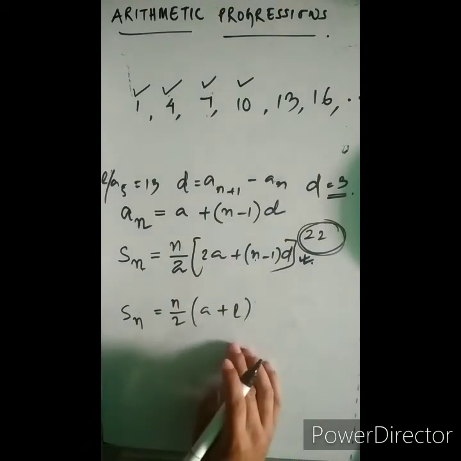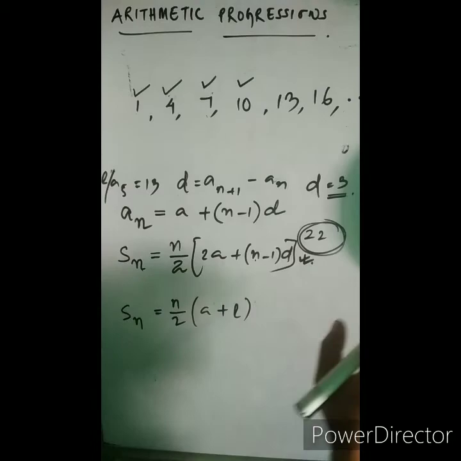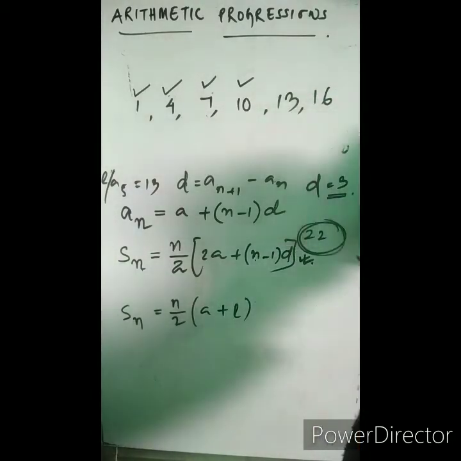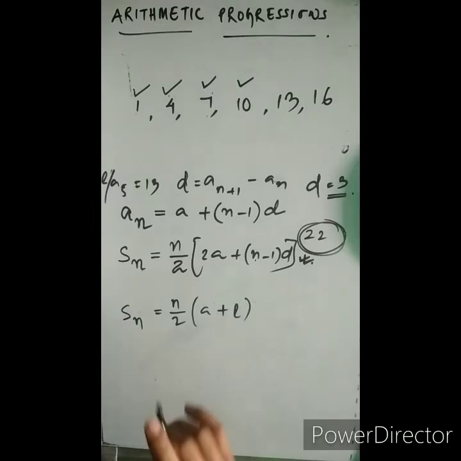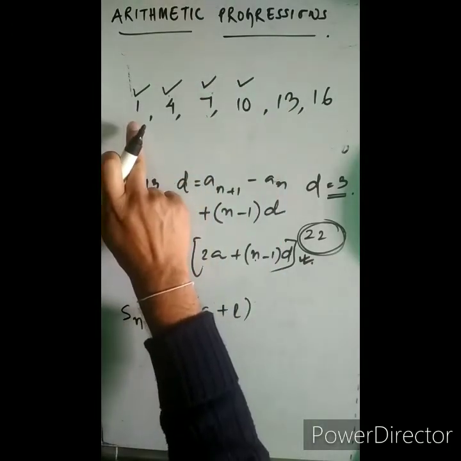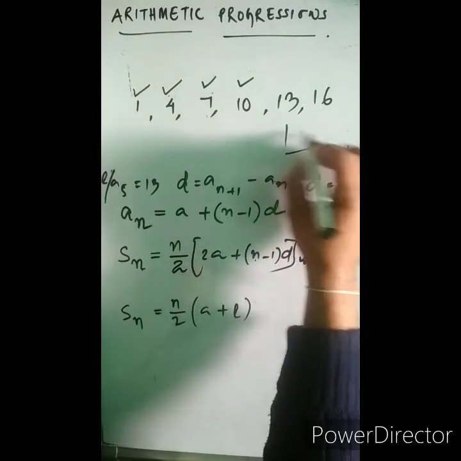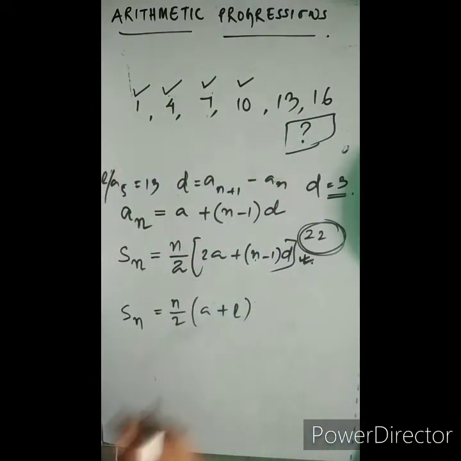So now let me make this AP finite. If I add from the first term till the last term, we'll get definitely a number here, and we are going to find this number.